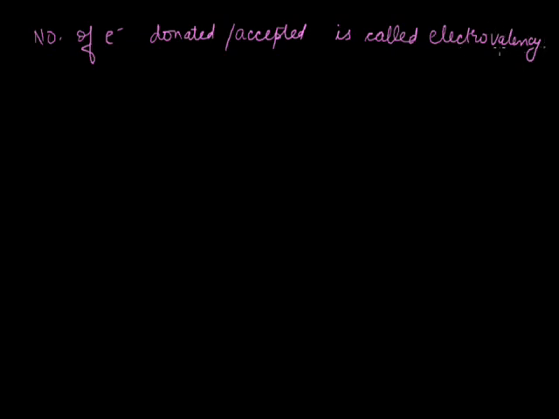In an ionic compound, every cation, that is a positively charged ion, is surrounded by a fixed number of anions, that is negatively charged ions, and every anion is surrounded by a fixed number of cations, and they are bonded in a fixed geometry in a three-dimensional structure.